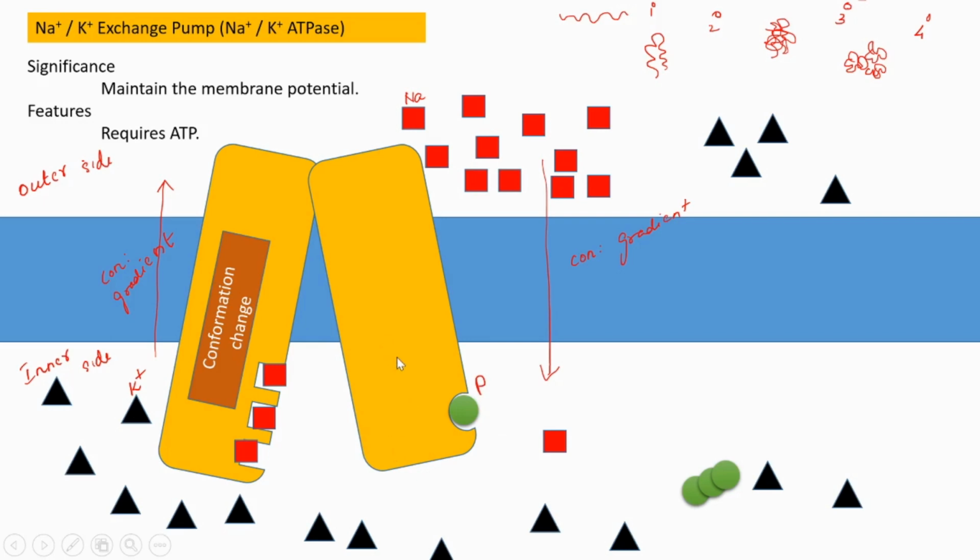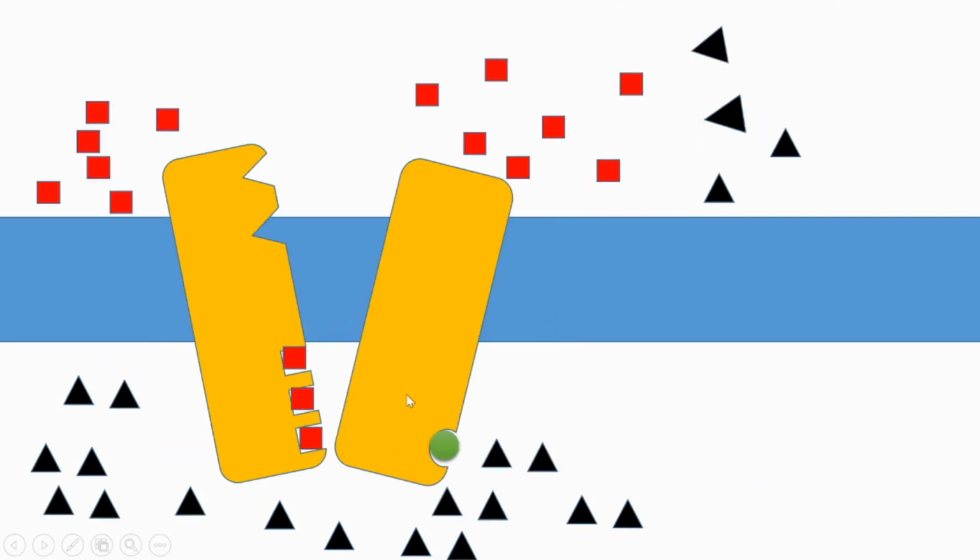And again the conformation changes, and because of that change, what happened? The phosphate that is attached to the enzyme leaves the enzyme. And as it leaves, what happens? Of the potassium that has diffused out to the cells outside, 2 come and bind to this enzyme. Only 2 are coming.